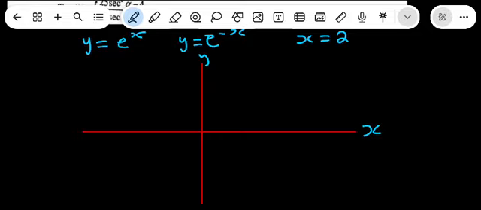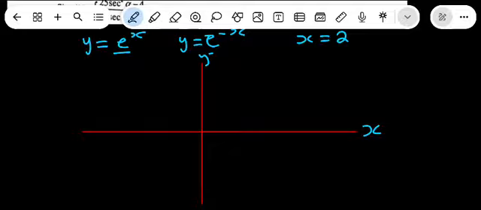So how do you determine this graph? Let's say you don't know how to sketch this graph. This you must know: it's a typical question, an exponential graph.